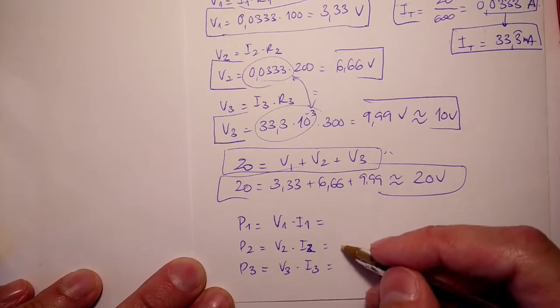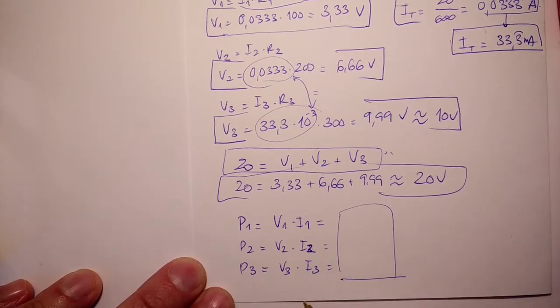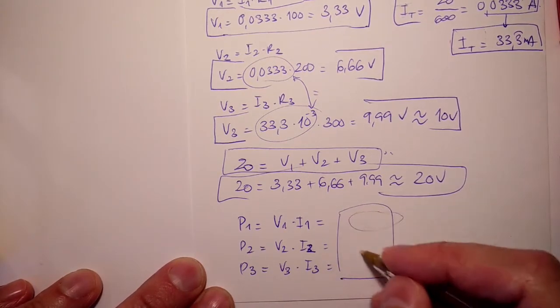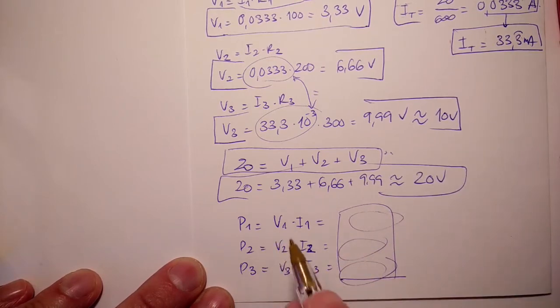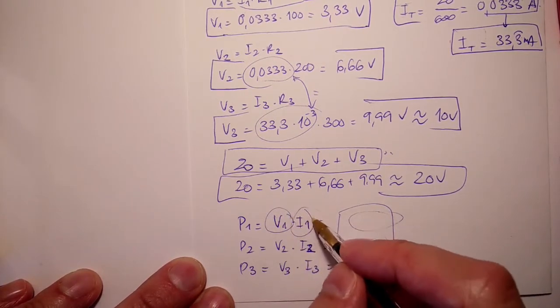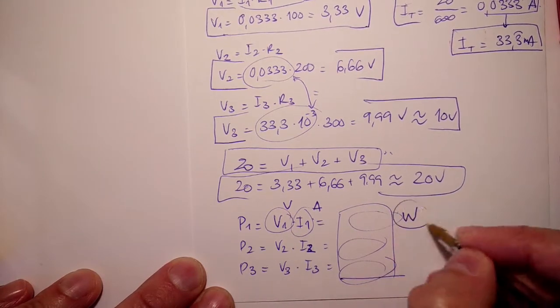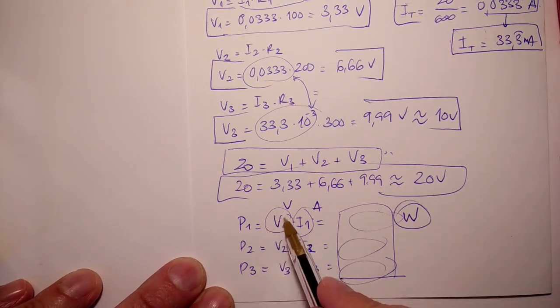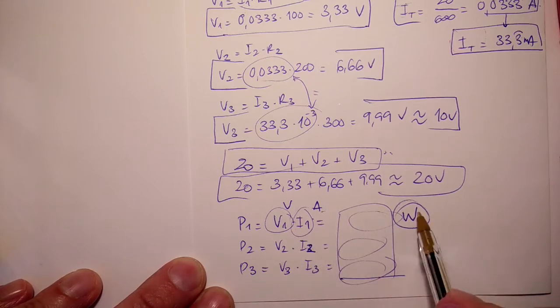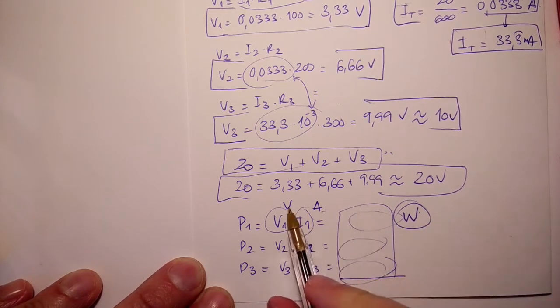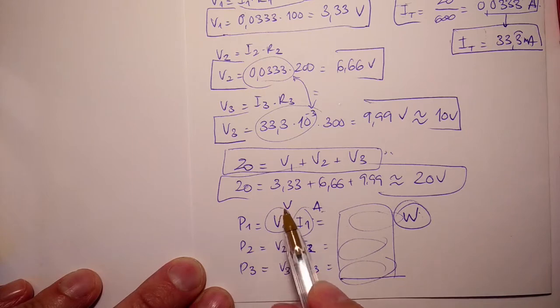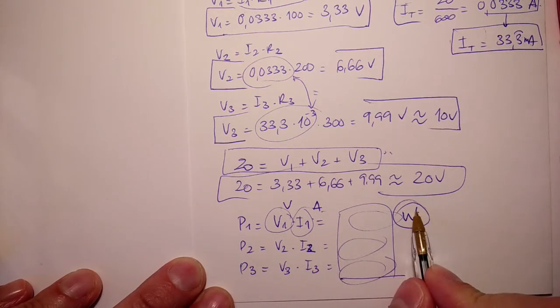Which unit will I end up with? Here, I always multiply the volts by amperes, so I will end up with watts. Watch out, because if I use milliamperes here, then over here I have to use milliwatts. My advice is to always use volts and amperes, so you end up with watts.